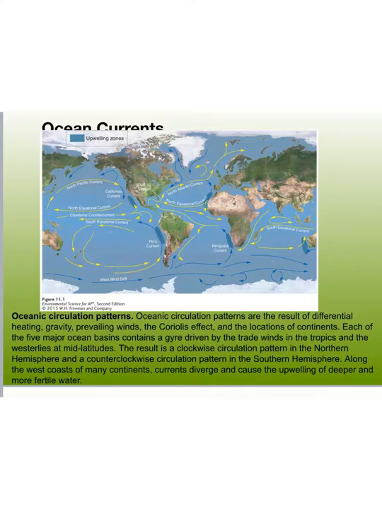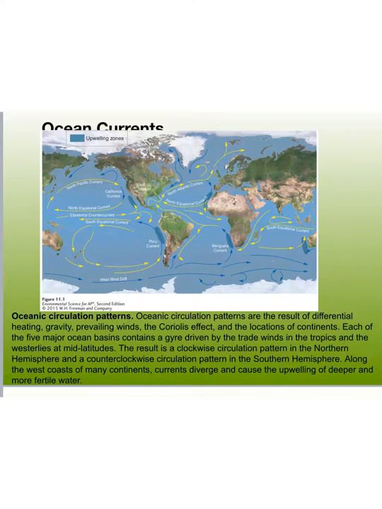So this explains why ocean currents can help us explain why some regions of the ocean support highly productive ecosystems and others not. Along the west coast of most continents, the surface currents diverge, or they separate from one another. This causes deeper waters to rise and replace the water that has moved away.